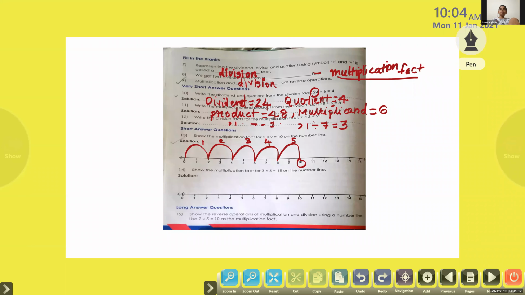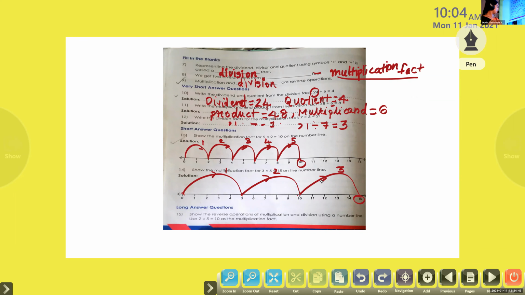Where will we reach if we do skip counting by 5? 0 plus 5, 5. From 5, where will we reach? 10. Now the third skip. Where will we reach? 15. So we will reach 15. 3 skip counting we have done. You can draw arrows.